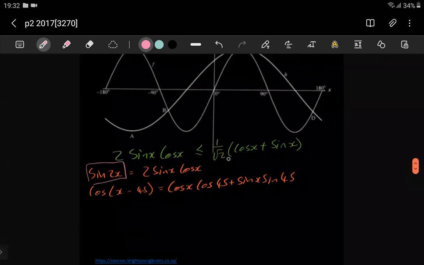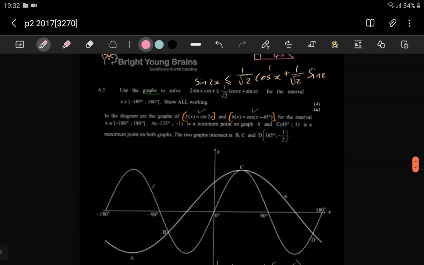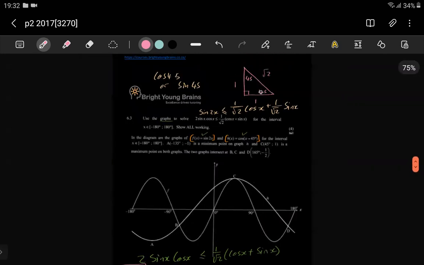And where we see the 1 over square root of 2, it should remind you of your 45 triangle. What we know about our 45 triangle is that cos 45 is 1 over square root of 2, and sine 45 is also 1 over square root of 2.